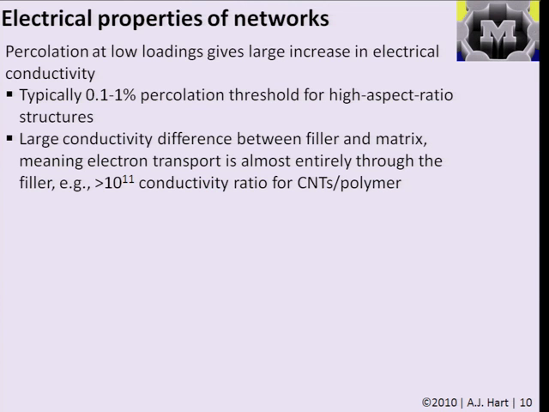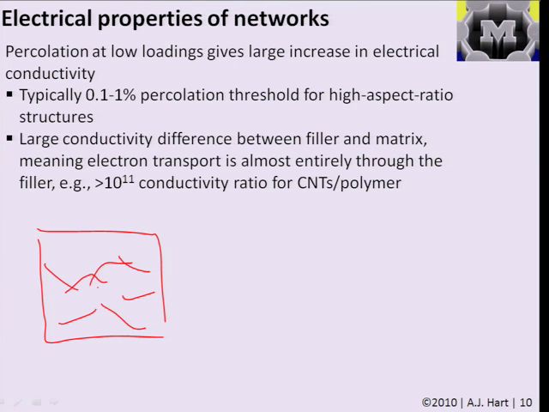So if, for example, we had a space like this, and you started adding nanotubes to it in random places, then at some point you would have a continuous path that could go through, and that would determine the conductivity.